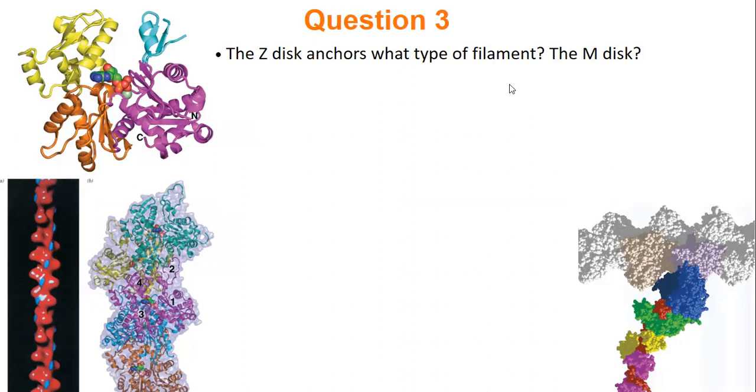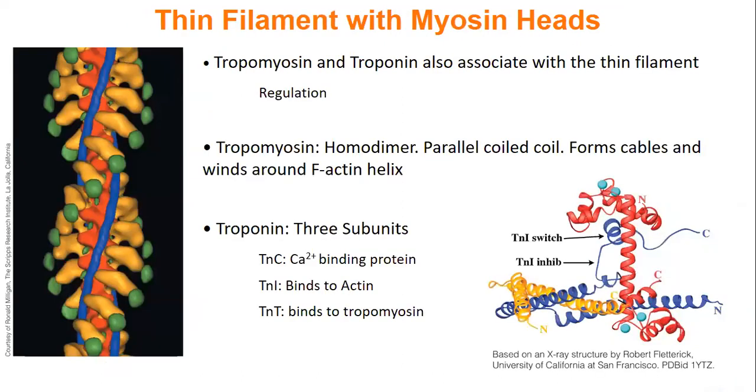What I'm asking for is thick or thin filaments. That's what the question's getting at. Yep, Z is thin, M is thick. Z disc is light, M is dark, so Z is thin, M is thick. Correct. So Z is our thin filament anchor and M is our thick filament anchor. So that is just a little review here to get us started, get those brains working a little bit, get the engines fired up.